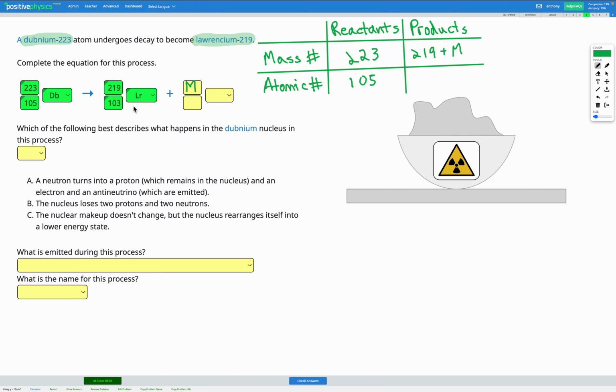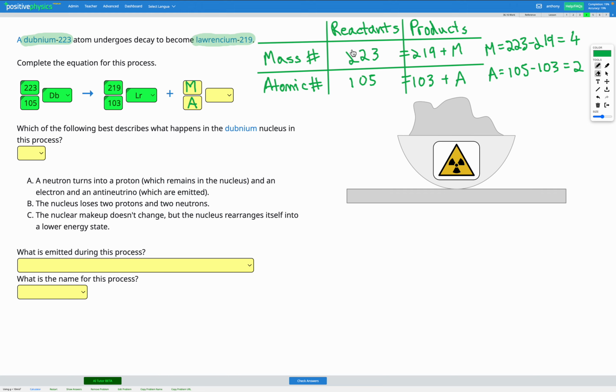And then on the right in the products, we've got 103 for lawrencium, plus we have our unknown, I'm going to call it A. And those are going to be equal for both the mass and the atomic number. To get my mass number, I'm going to do 223 minus 219, which gets me a mass number of 4. And for my atomic number, I'm going to do 105 minus 103, which gets me an atomic number of 2.